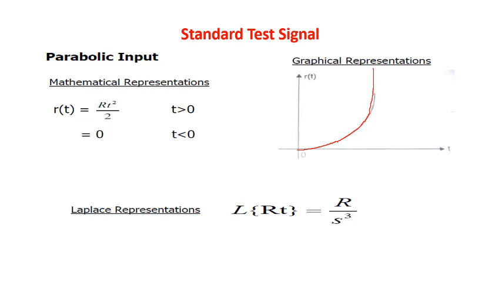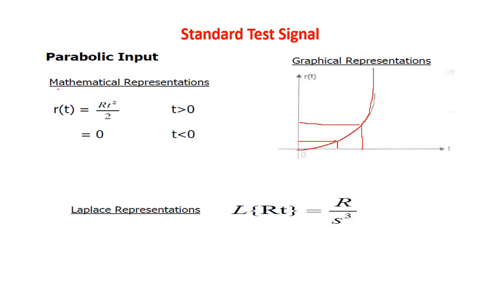Initially it has a low amplitude or a low rate of change. As time changes, it increases, and it forms a parabolic curve. This is a parabolic curve, and its nature is parabolic.